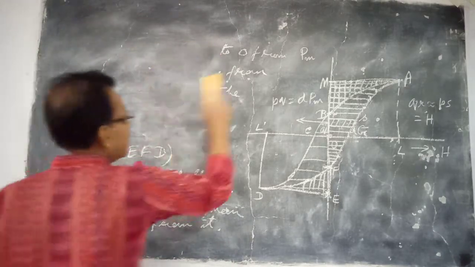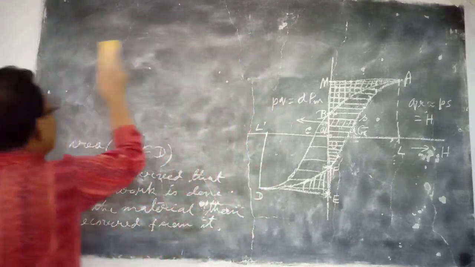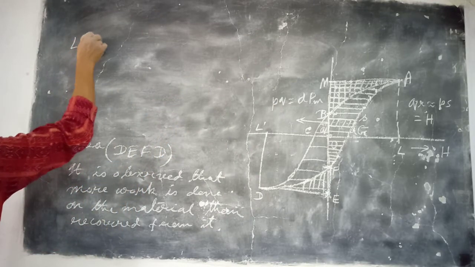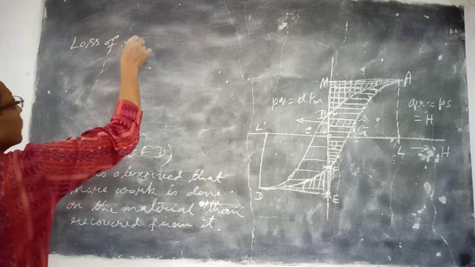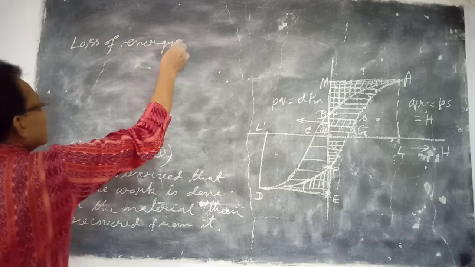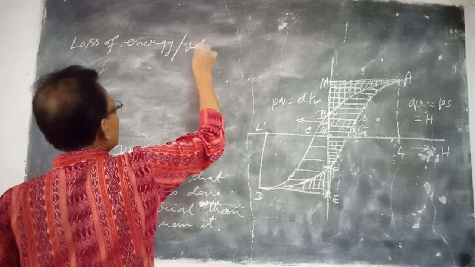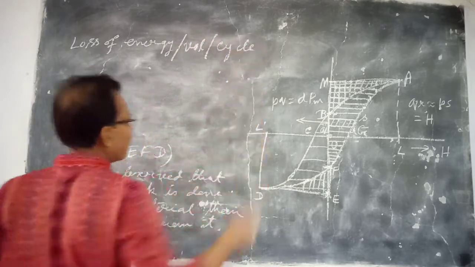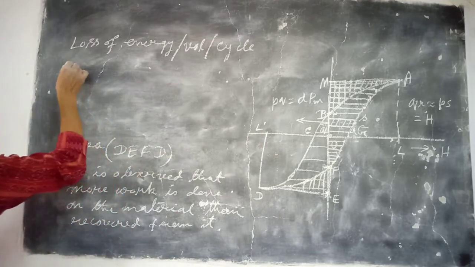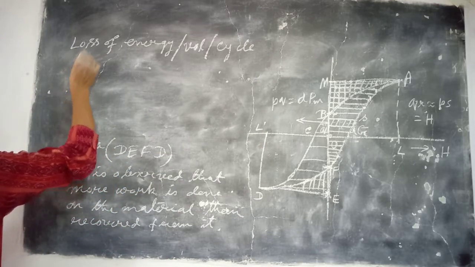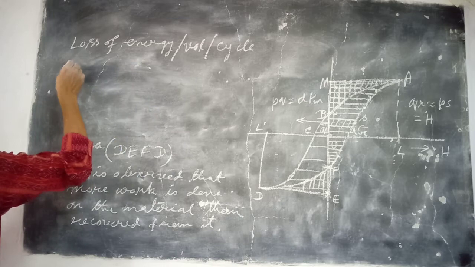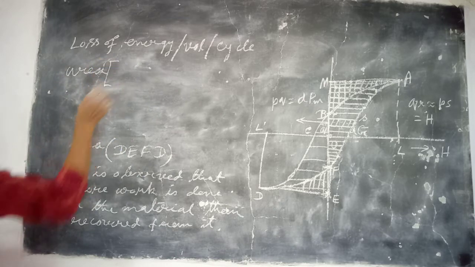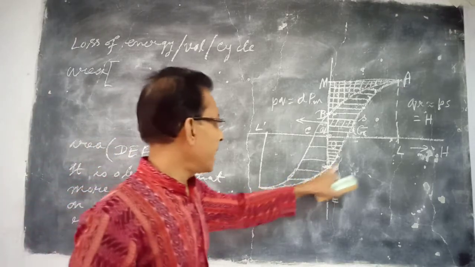What will be the loss of energy? So the loss of energy per unit volume per magnetic cycle. What is that? The work done on the material, that is area. What is the area work done on the material?